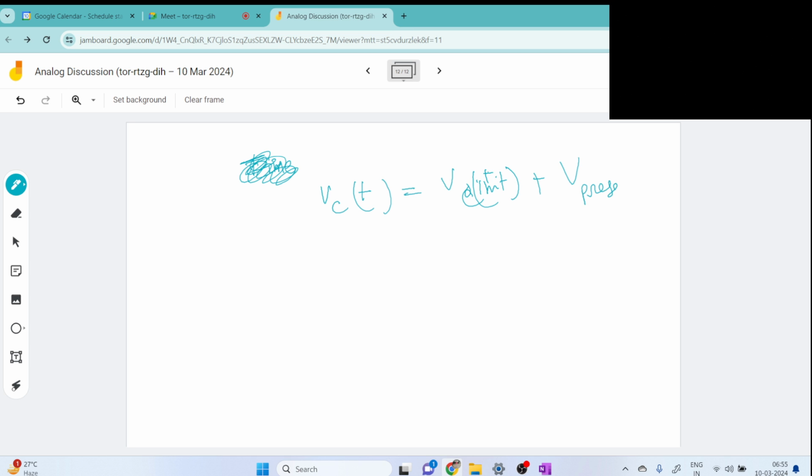But for an RC circuit, if we take output from here, let's say this is Vx of step, and this is previously charged to VC of 0 minus.